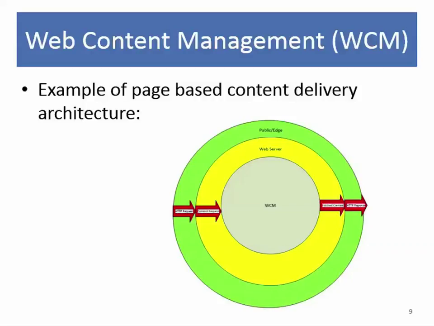Now, there are ways of doing this. There's caching, where you cache the pages that users frequent the most on your web servers. That will reduce some of the traffic inbound to the WCM portion. But there's a trade-off, right? Caching is not the easiest thing to code.